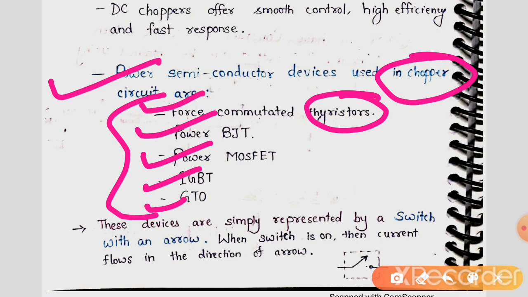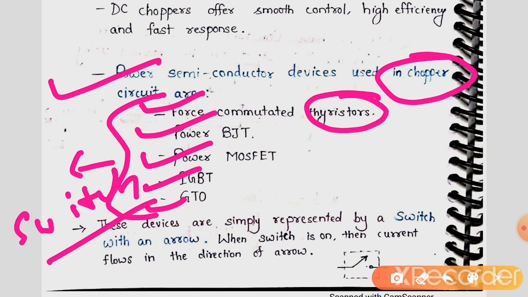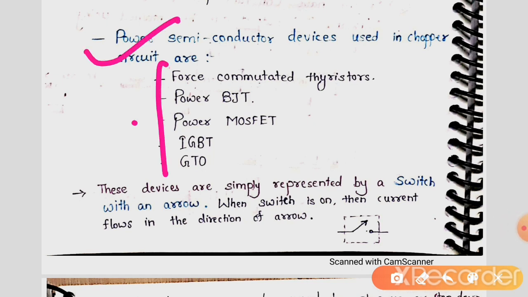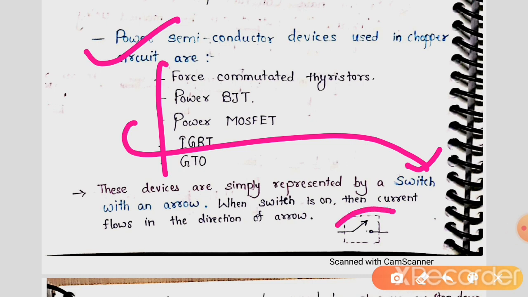Basically these devices are used as a switch. The power semiconductor devices we have seen here are simply represented by a switch in the chopper circuit, and the switch has an arrow, which represents the direction of current flow.